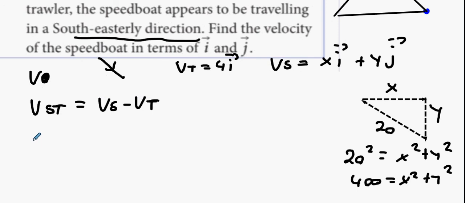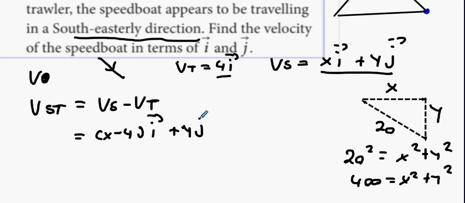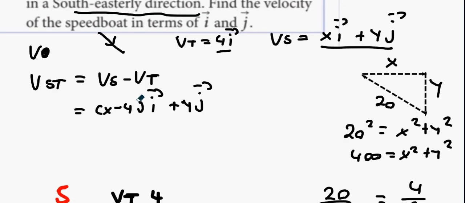VST is Vs minus Vt, so that's going to be x minus 4i, and the other one is plus y. And then we're going to say southeast.